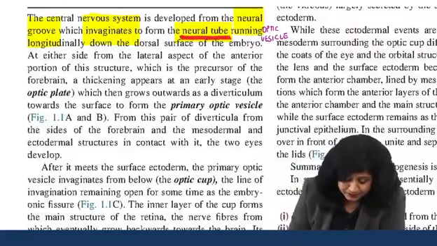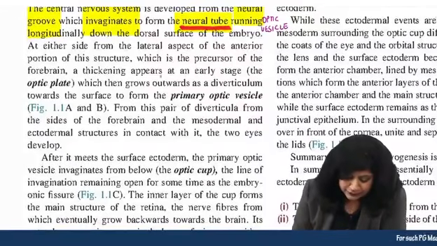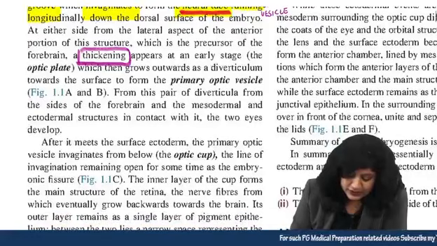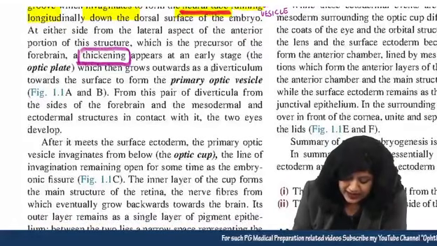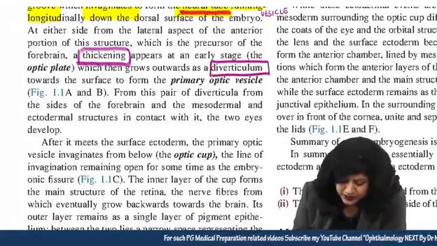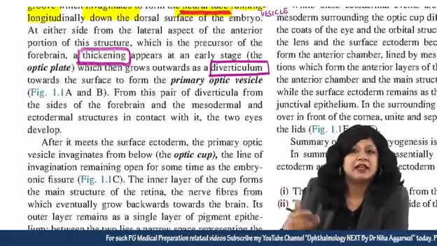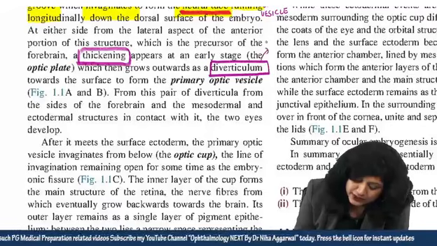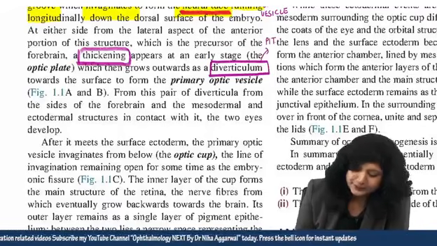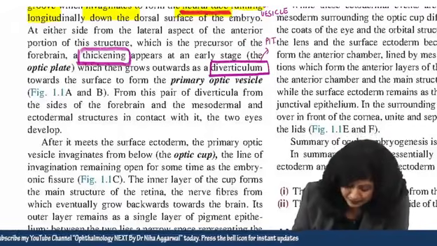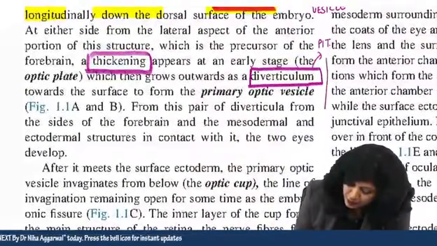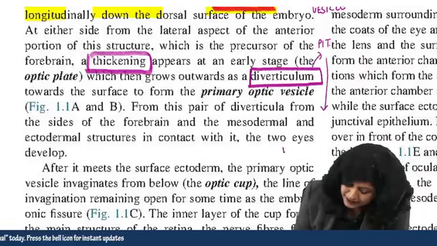See here, they are telling you that first is the thickening. Thickening appears at an early stage, which then grows outward as a diverticulum. So words are different, but the meaning is the same. Thickening is called a placode, and this diverticulum is first forming a pit, and when it becomes even deeper, okay, I hope this is visible to you, then it is forming the sulcus.